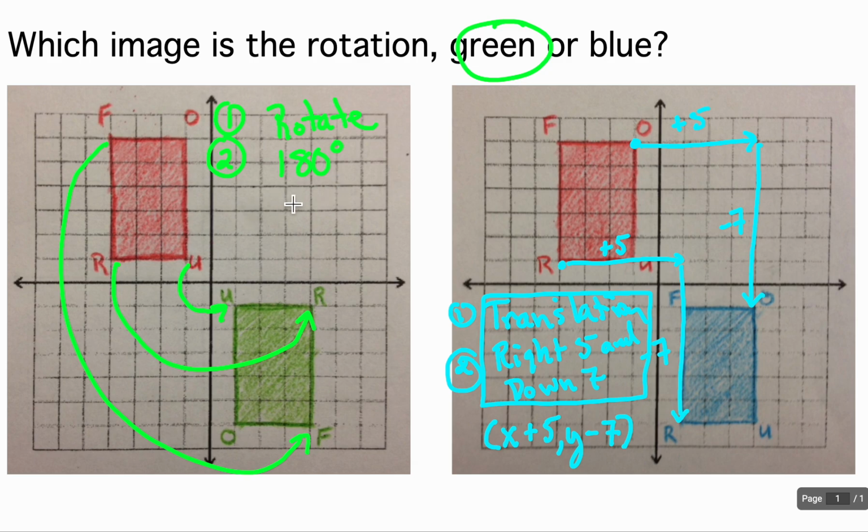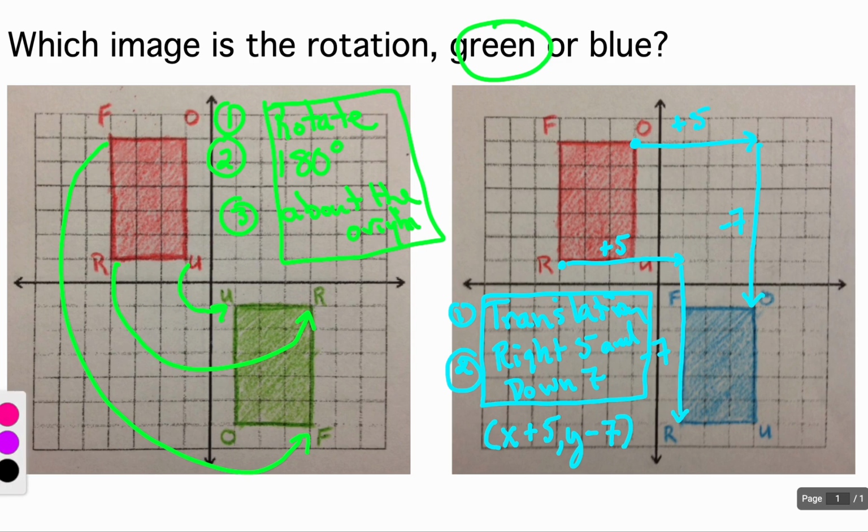And don't forget the last little bit about the origin, because it's rotated about that origin. So those are the little key things, or the parts that we need to use for these. And that is how you write the rules and also identify if you're given an image.